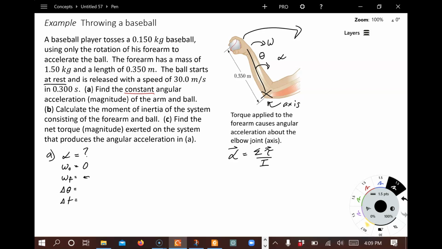Are we going to put that right here? We can't put that there because that's a speed. What we know is that the final speed there, this is a tangential speed, is equal to 30 meters per second. We need to convert that to an angular speed. Well, the radius in this case is 0.35 meters. And remember, we can relate tangential quantities with angular quantities.